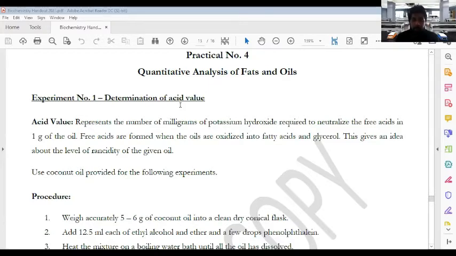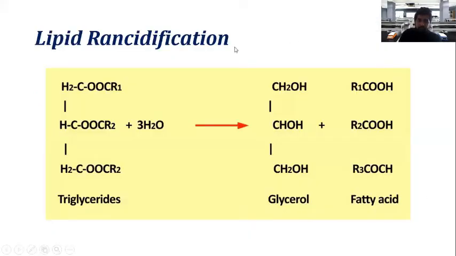Excuse me, what does it mean to become free acid? Does it separate from a bond? Yes, it separates from a bond. So let me explain that. Yes, lipid rancidification. Triglycerides are the natural form of fats or oils.